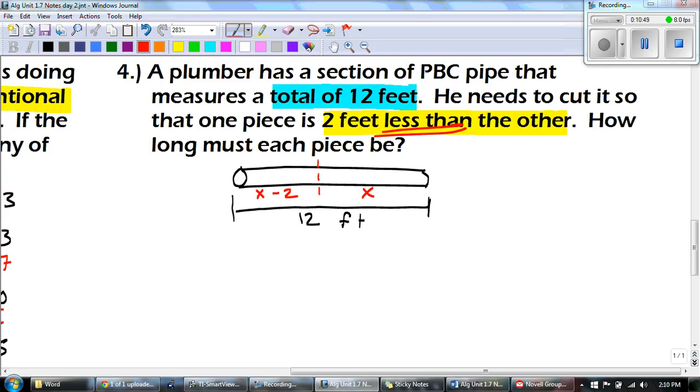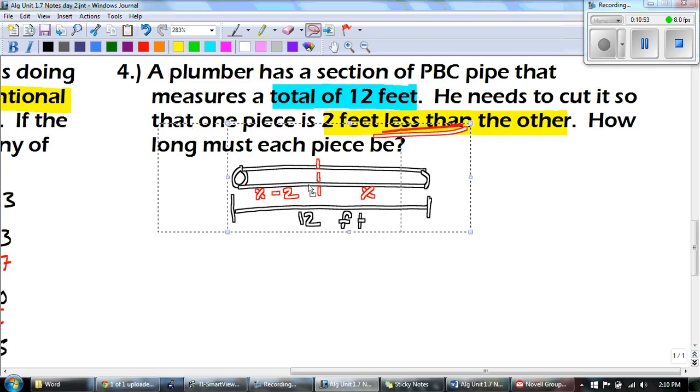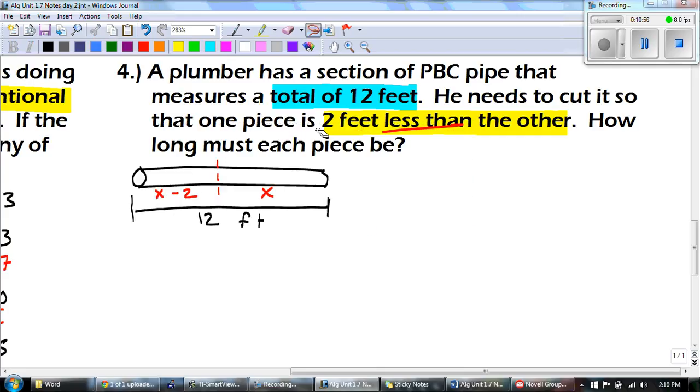Okay? And then we just put all that information. I'm actually just going to move this guy over here. And now I can write my equation. So I have x minus 2 plus x, those two pieces together, equal 12.